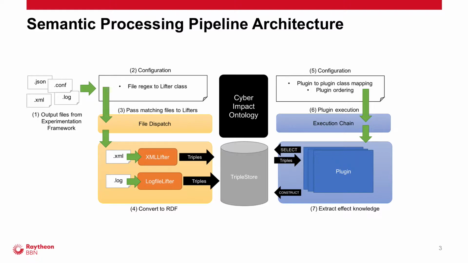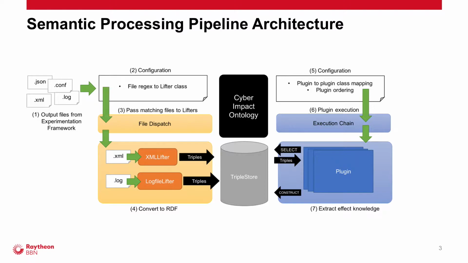For instance, as you can see in the picture, we can have an XML lifter, which is specialized for lifting XML files, and then we can have a log file lifter, which is specialized for lifting .log files, and so on. These are totally independent of each other. There's no interaction between these, so this process can be parallelized. That's what a lifter is.